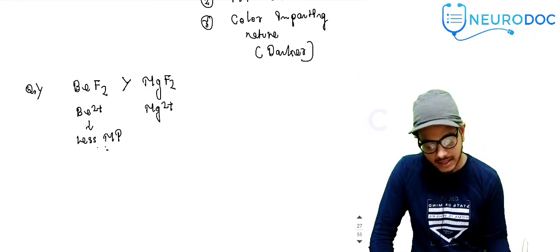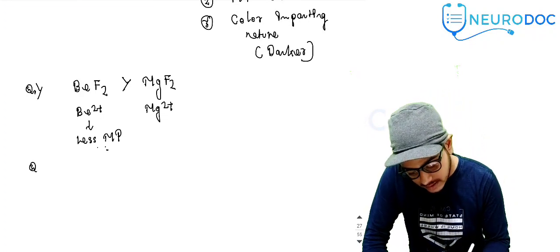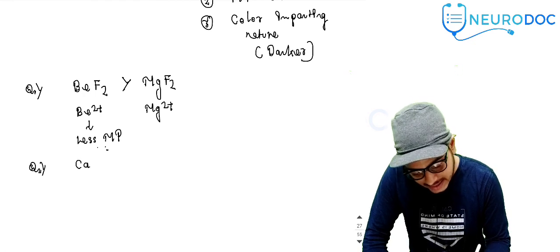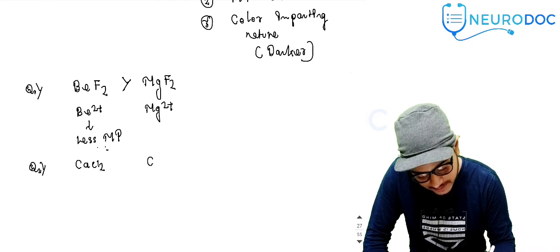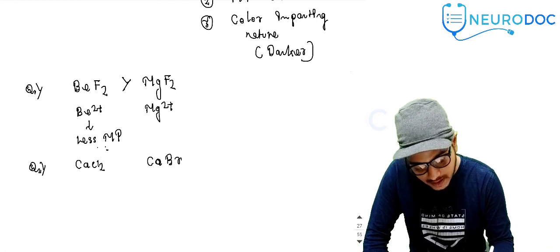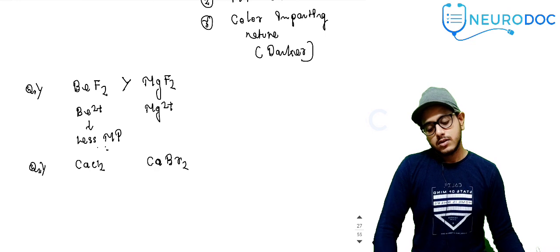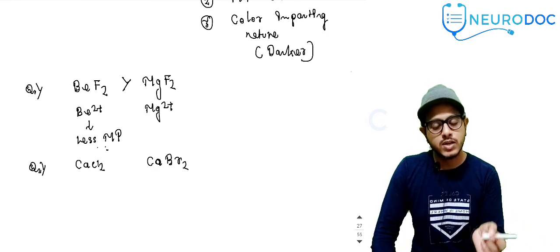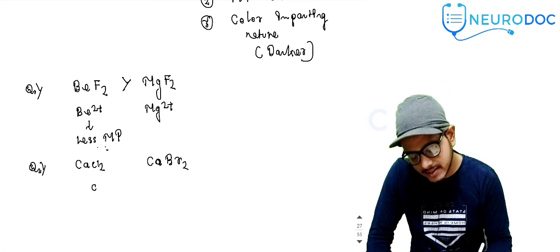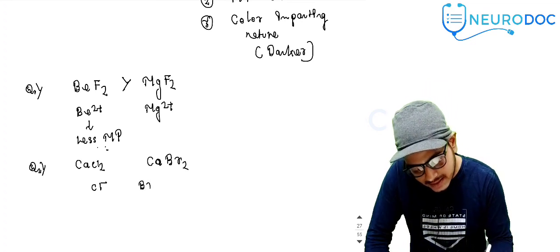Now similarly, I take another one. I take calcium chloride and calcium bromide. Now you tell, where is the covalent character more? Cations are same. We'll compare the anions. Here the anion is Cl minus, here the anion is Br minus.